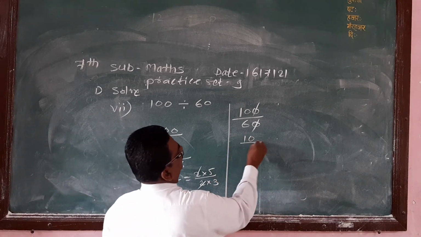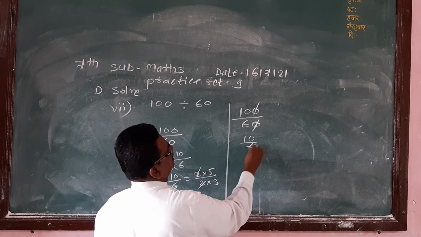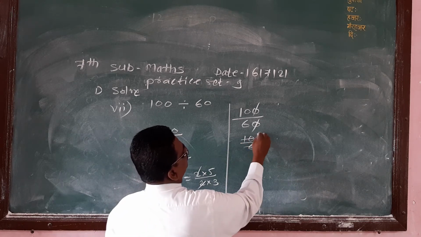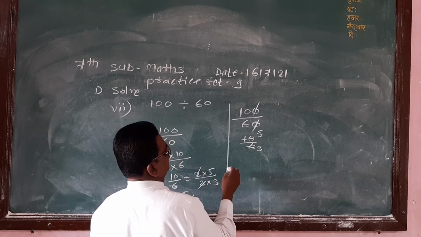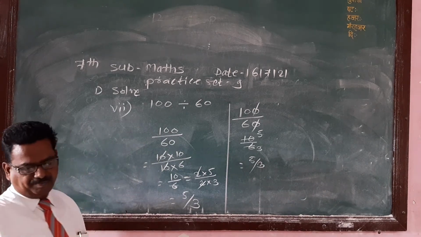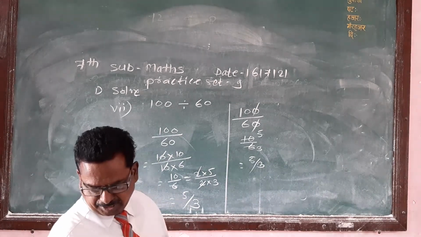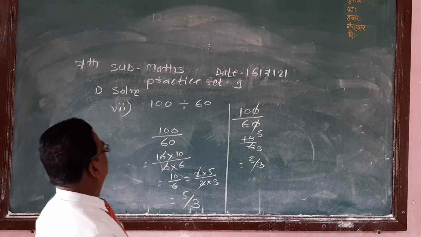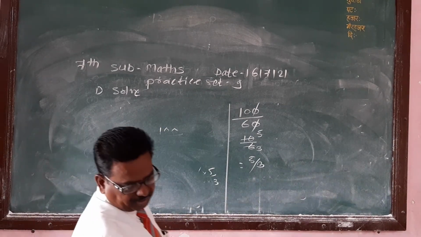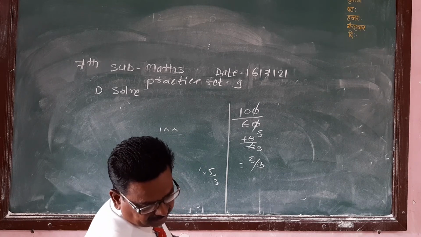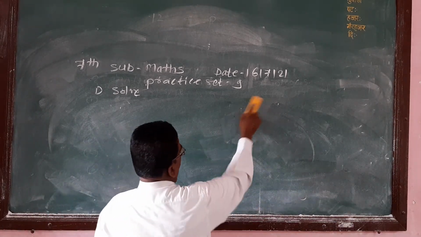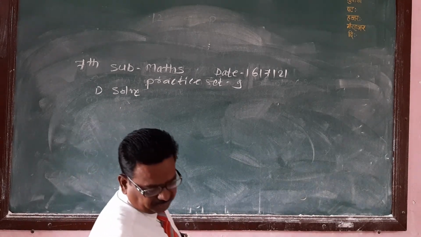Then 10 upon 6. 2 threes are 6, 2 fives are 10, is equal to 5 upon 3. Okay. Now here we complete the 7 problems, and one more problem we will see.